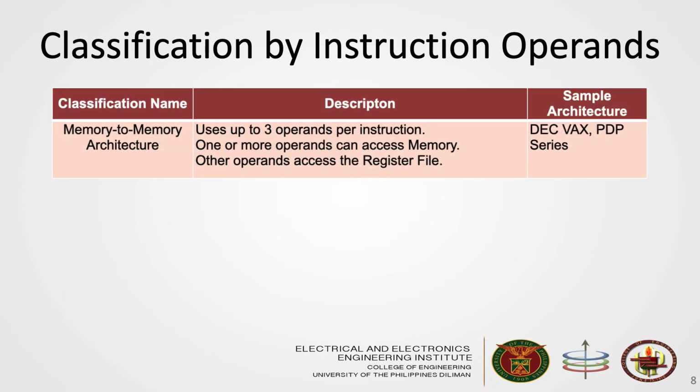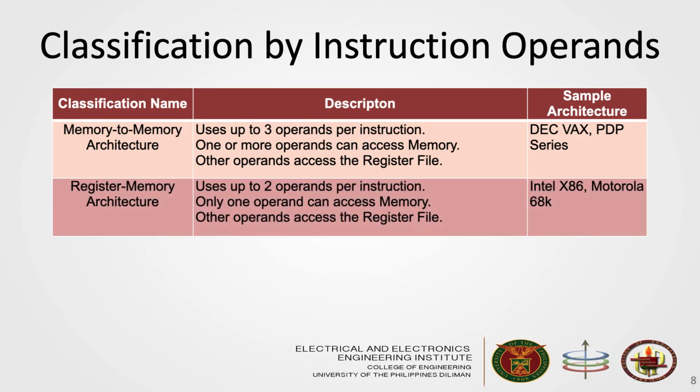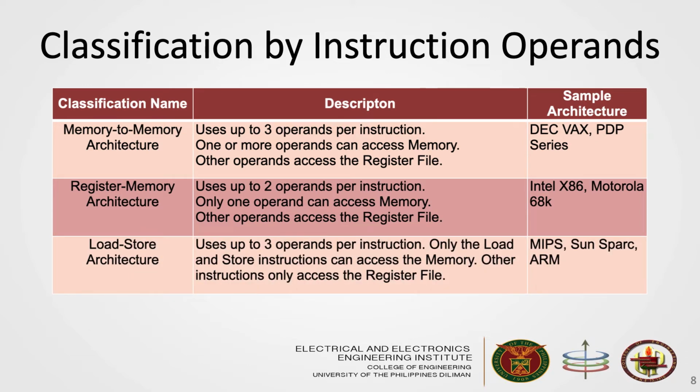Memory-to-memory architectures like the VAX and PDP series use up to 3 operands per instruction, where 1 or more operands can access the memory. Register-memory architectures like the x86 and Motorola 68K use up to 2 operands per instruction, where only 1 operand can access the memory. The MIPS, Sun SPARC, and ARM follow the load-store architecture.